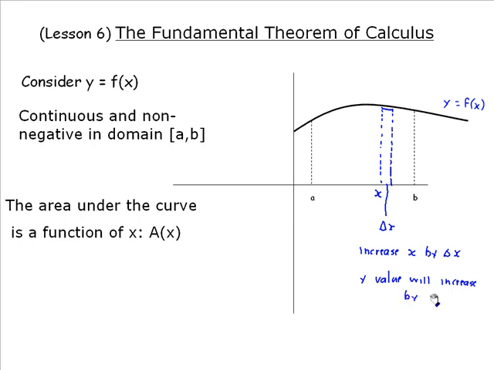Doesn't really matter. But it will be changing by delta y. So I'll put that in just to make it perfectly clear. So you go from your original y, and then it will increase or decrease by delta y.